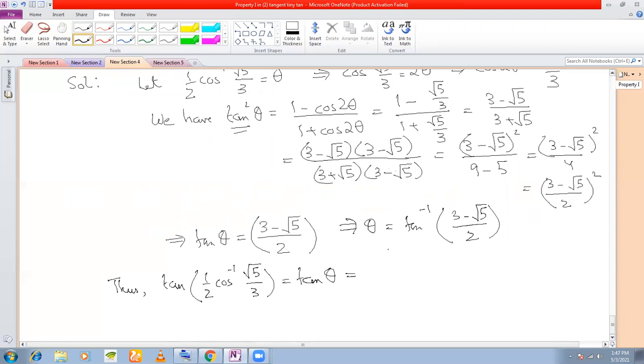And we have also shown above that tan theta is equal to 3 minus root 5 by 2. That is your value of the expression. Any question? No, sir.